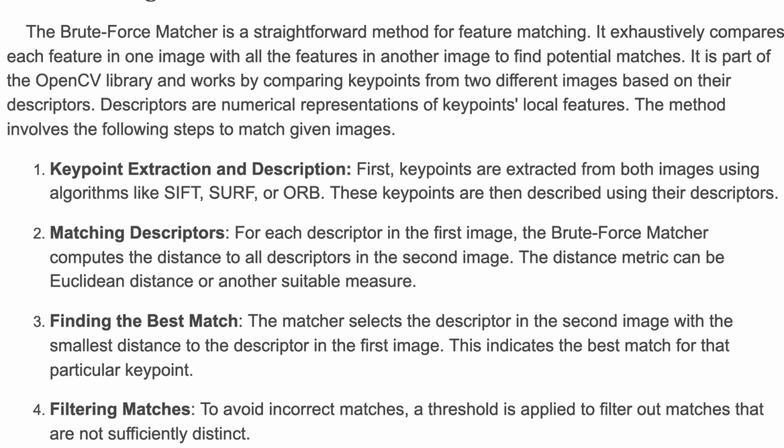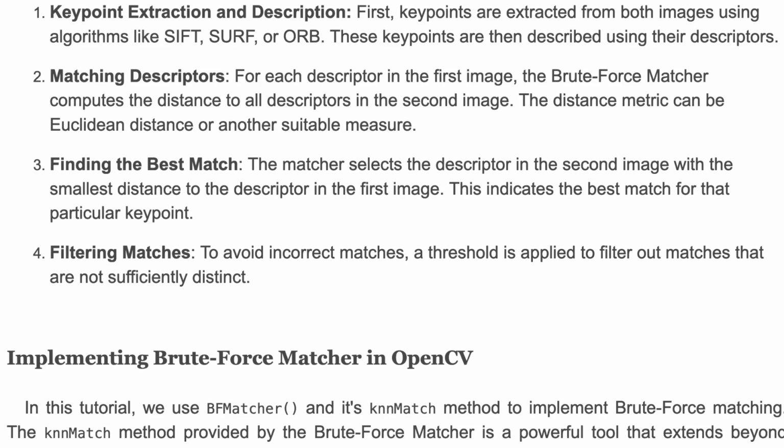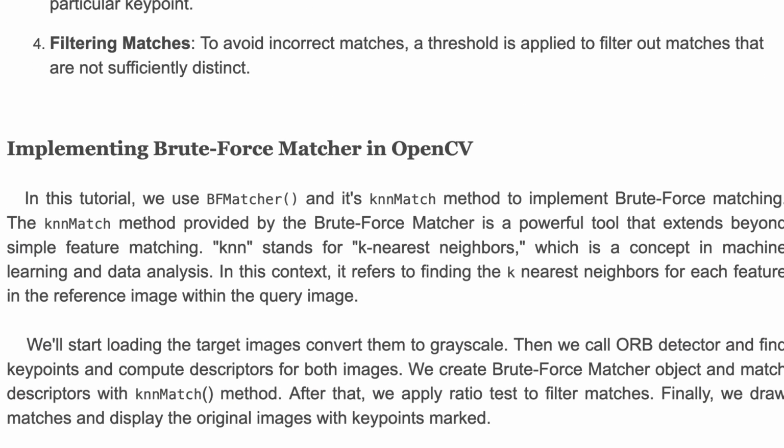This indicates the best match for that particular key point. Finally, filtering matches. Here, to avoid incorrect matches, a threshold is applied to filter out matches that are not sufficiently distinct.